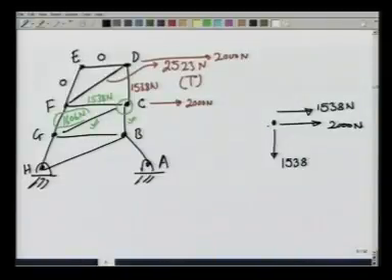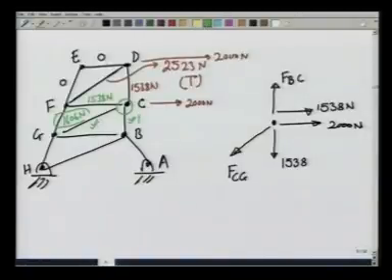Then in anticipation, we are going to have FCG acting in this way and FBC acting up. The two unknown forces here are of course FBC and FCG.